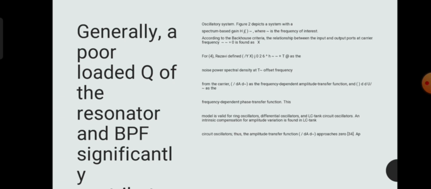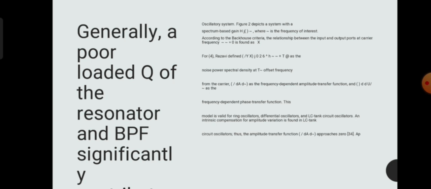According to Backhouse, the relationship between the input and output ports at carrier frequency is found as X, noise power spectral density and offset frequency from the carrier, with a frequency dependent amplitude transfer function and a frequency dependent phase transfer function.